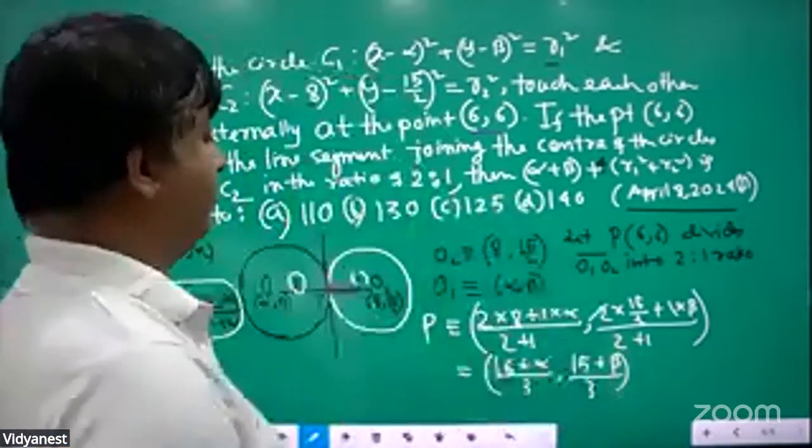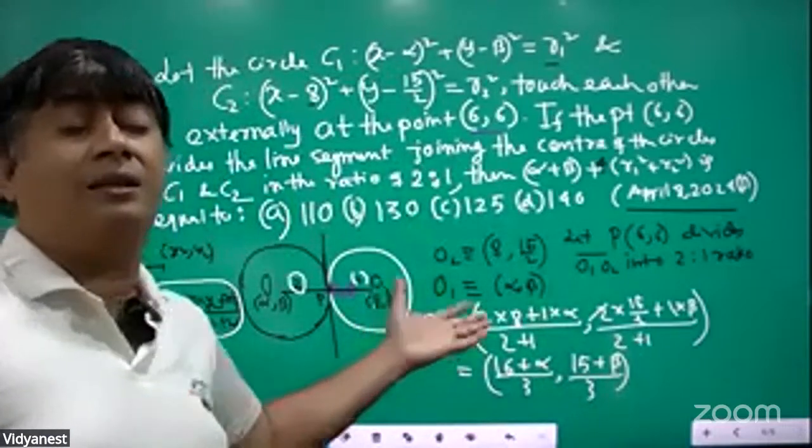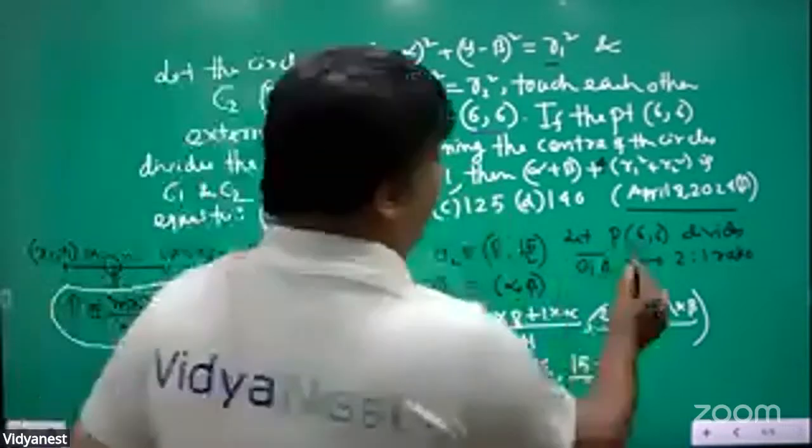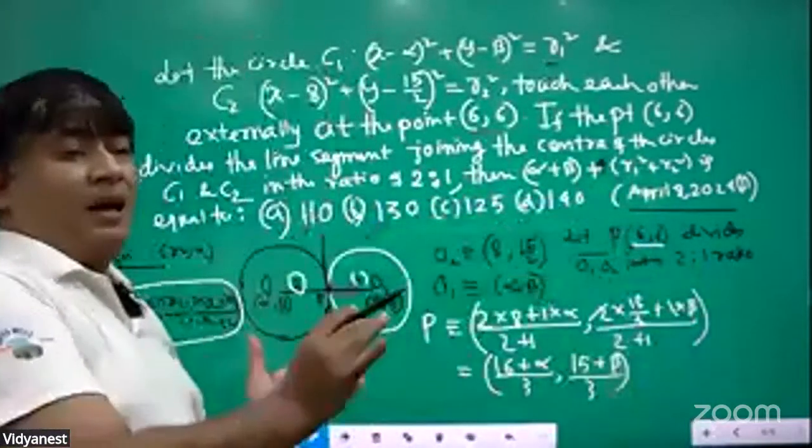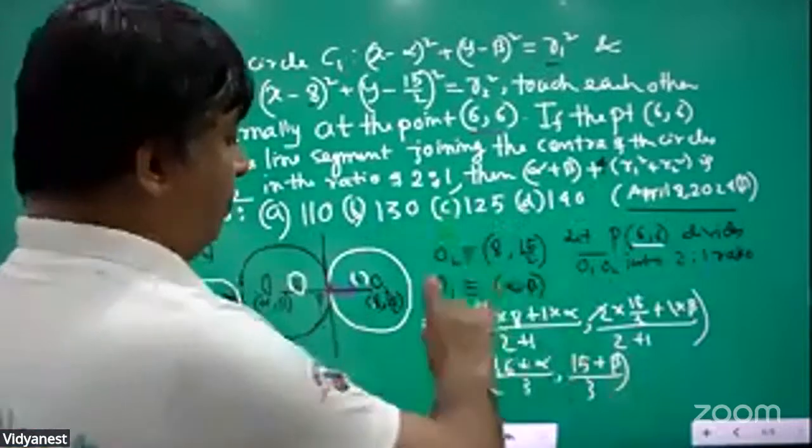That is P, which we derived. The same P is given, so both are the same point. So we will compare the components.